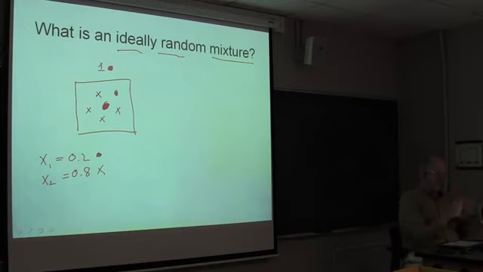Because the interactions of 1 with 1, 1 with 2, and 2 with 2 are all identical. Think about a mixture of isotopes.